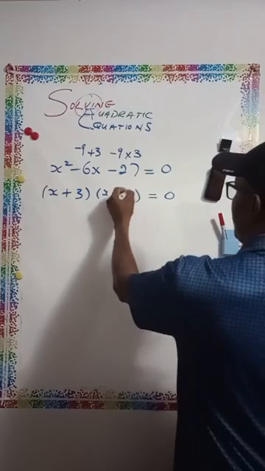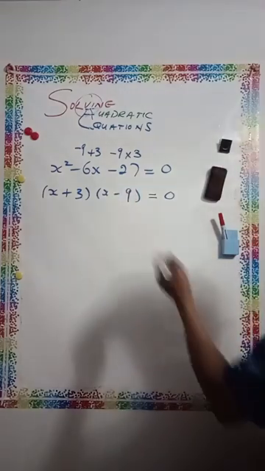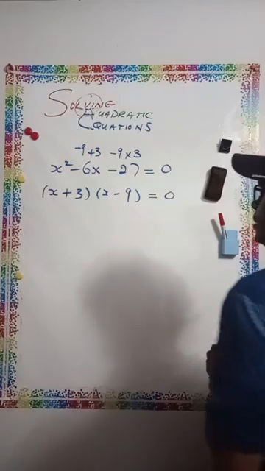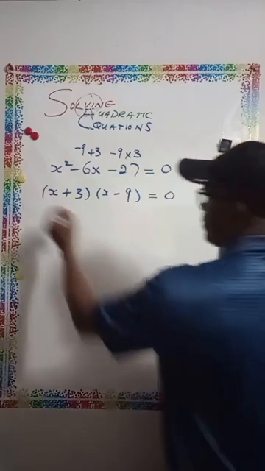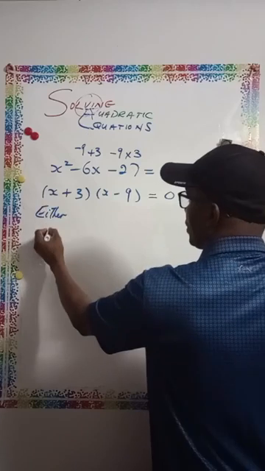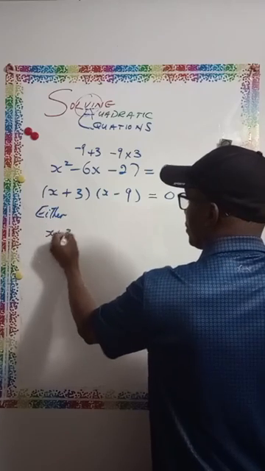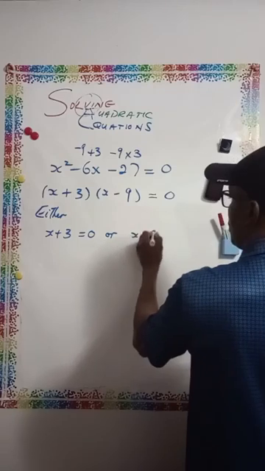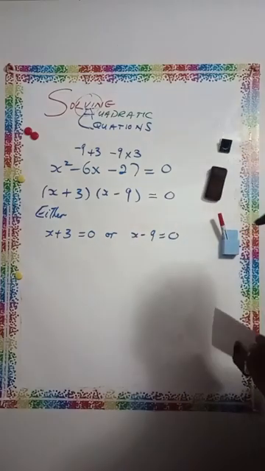And from there, we're going to go through the process again of basically, magic word either. I like to call it the magic word. Either the first binomial equal to 0, or the second binomial equal to 0.